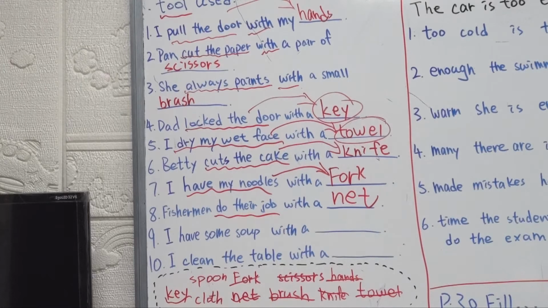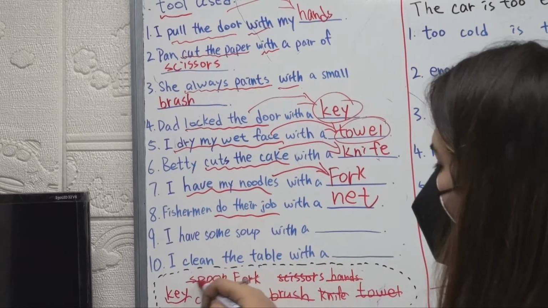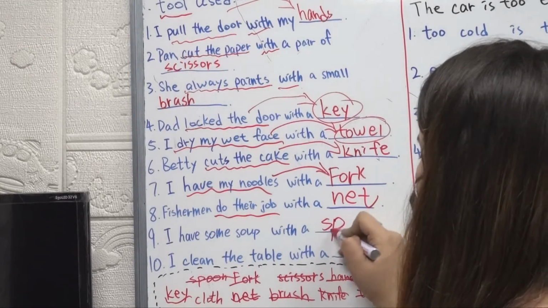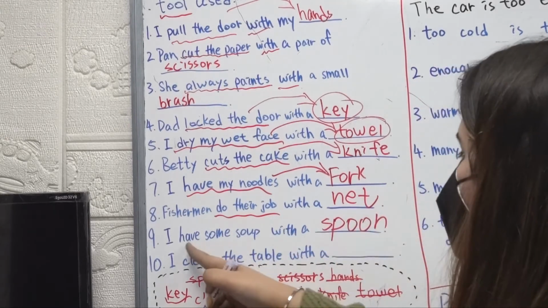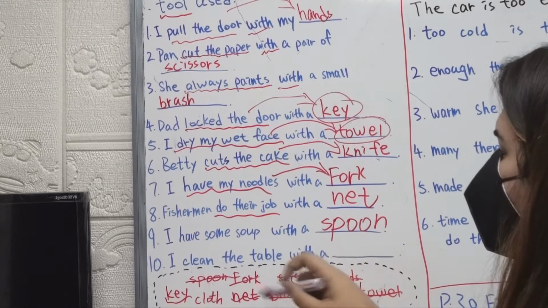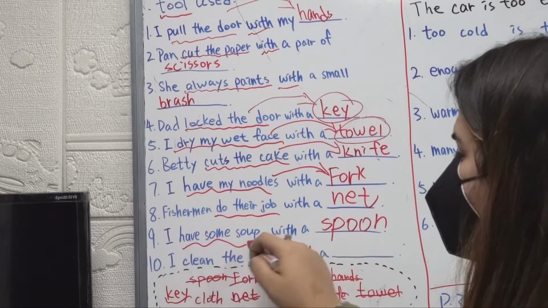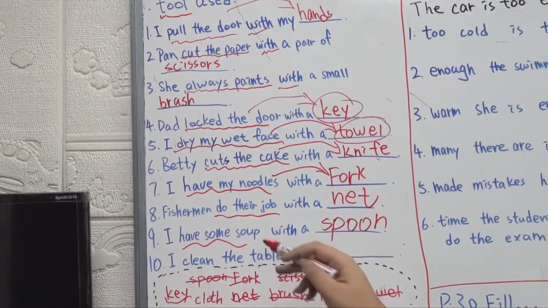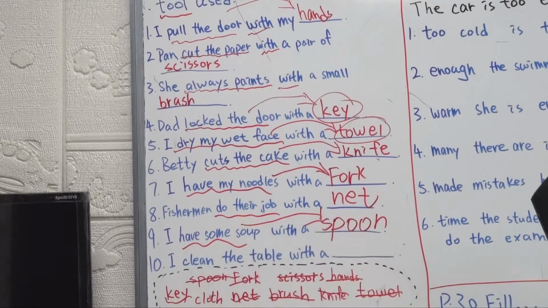Okay? Next one. I have some soup with a spoon. With a spoon, right? Good job. So all I want to do is have some soup, right? And the tool I use here is a spoon.